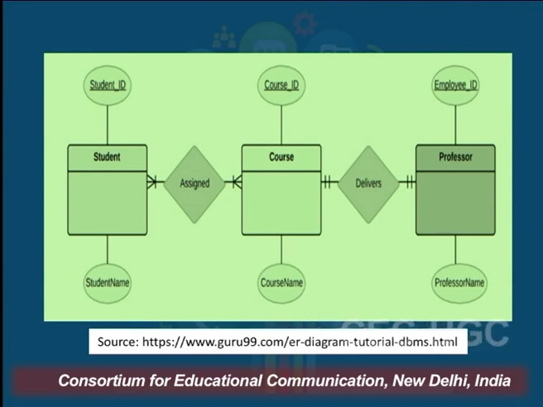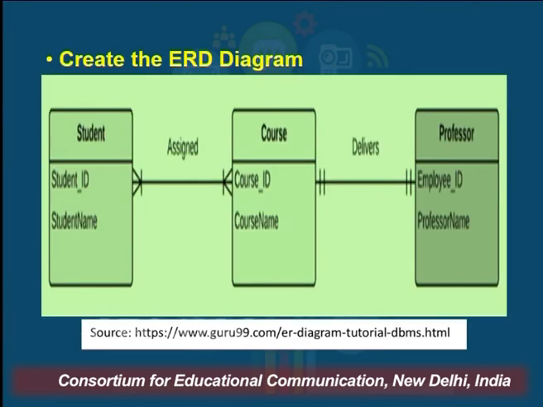So this is a very simple example of an ER diagram using this university database, or whatever is given in the problem. From that particular problem we need to extract the entities, map the attributes, and also see the relationships, and then finally we can create one consolidated diagram.